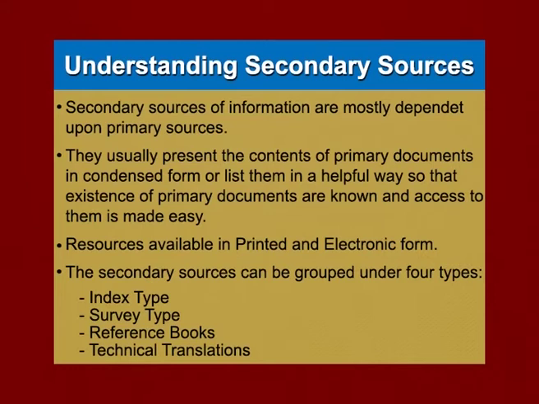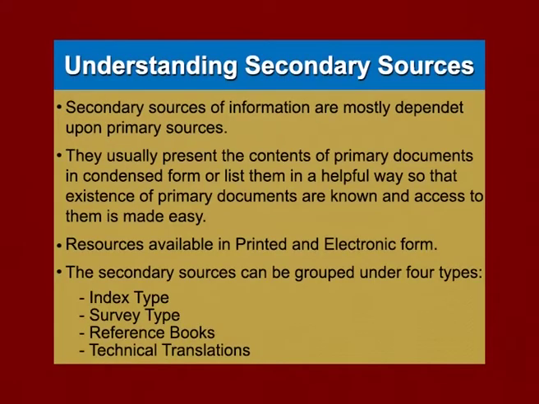Secondary sources of information are mostly dependent on primary sources. Primary sources we are all aware of. Whenever you are doing any kind of original work, those are primary sources. So when you are representing those primary documents in a condensed form or list them in some helpful way so that people can reach that primary form, then your secondary sources come into the picture.